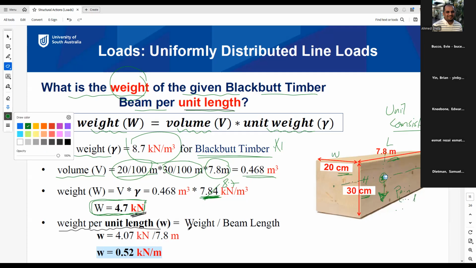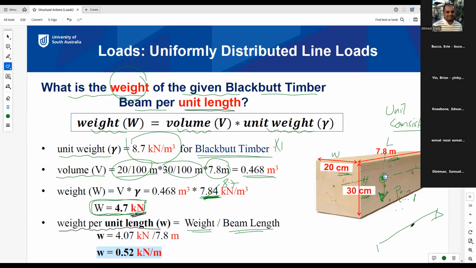The weight per unit length will be the weight of the beam divided by the beam length. Instead of calculating the load at a point, if this is our beam, we need to find the load distributed over this beam. To distribute the load over the whole beam, we need to divide by the beam length. What is the beam length here? In this example, the beam length L is 7.8 meter.